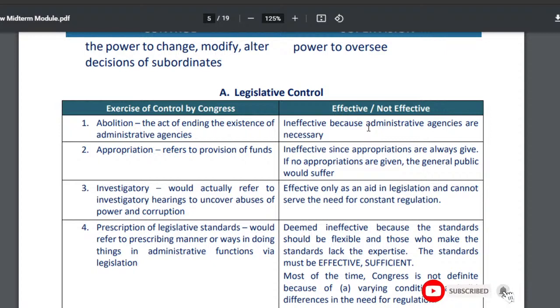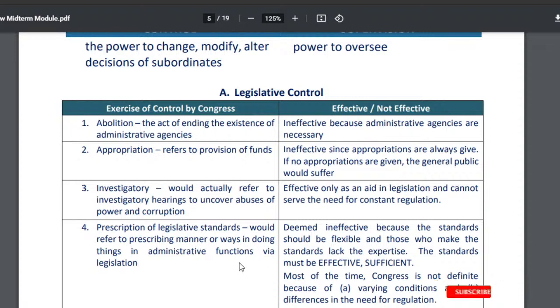So investigatory function or control by Congress is effective only as an aid in legislation. Again, it is only in aid of legislation, and cannot serve the need for constant regulation. They are not the police. They are not the court, okay?